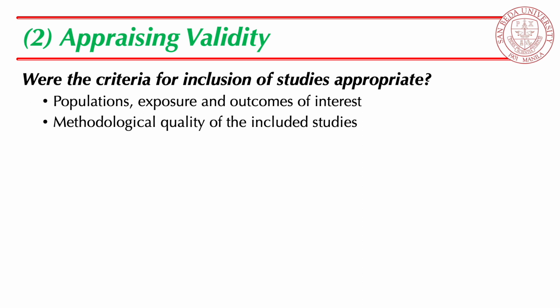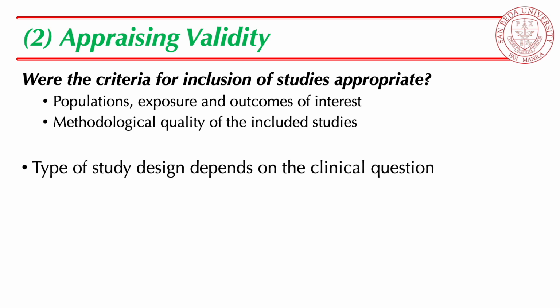Now, as I mentioned earlier, SRMAs have classically been associated with pooling of results from RCTs, but over the years, it has adapted to include other study designs such as cohort, case control, diagnostic, and cross-sectional studies. Now, the type of study design included in the SRMA depends on the type of clinical question being addressed.